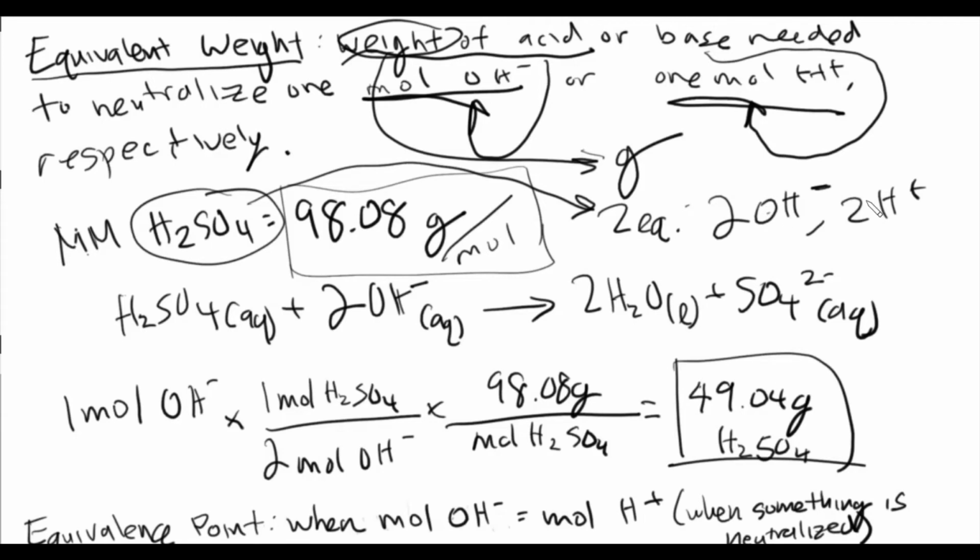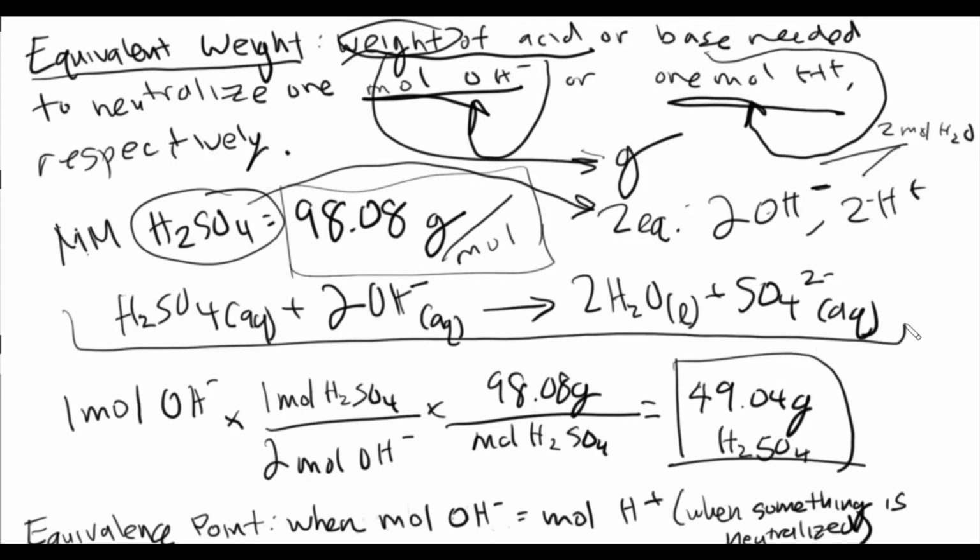When they react together, they of course form 2 moles of water. But that's not the important part here. Well, it kind of is, because when we write the reaction out, we can see that this is a neutralization reaction where these 2 H pluses react with the 2 OH minuses to form 2 waters, leaving behind the sulfate anion.